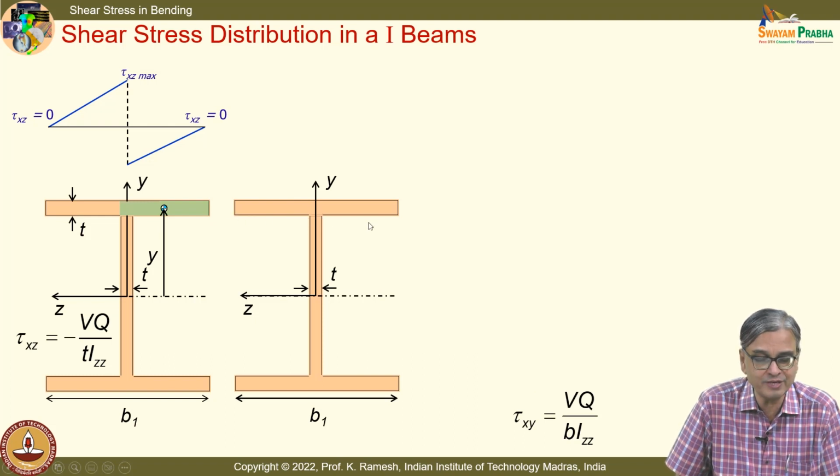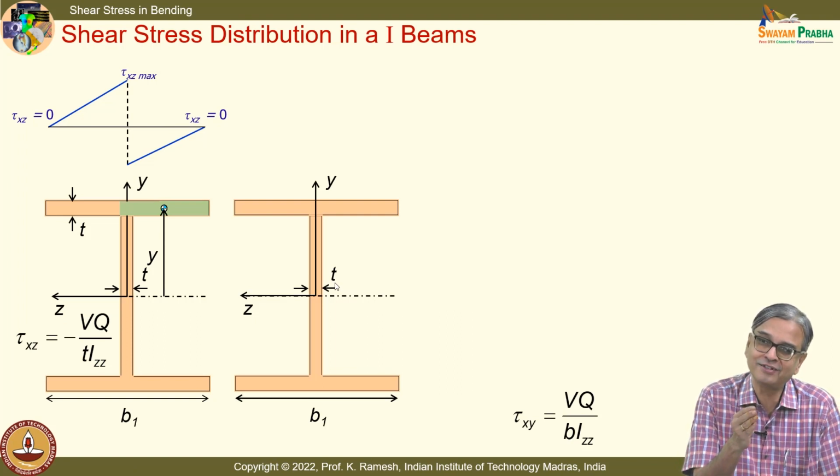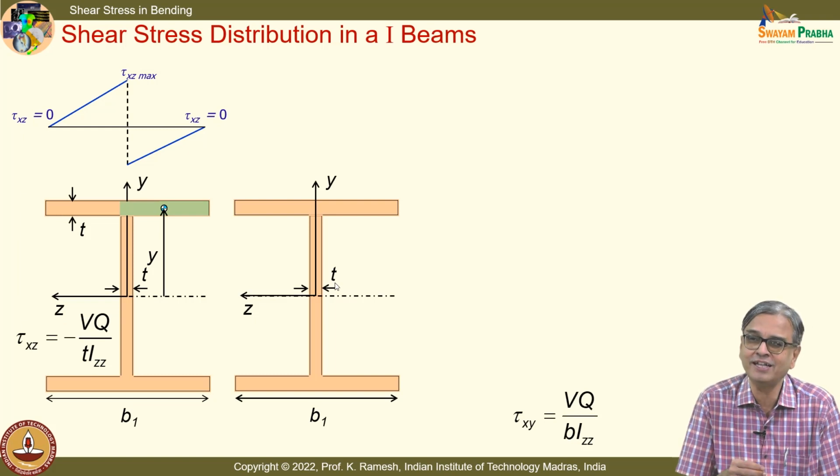The width was b1 and suddenly it reduces to t. Is the idea clear? For the same area, you will have two different values, one corresponding to the flange and another corresponding to the web.